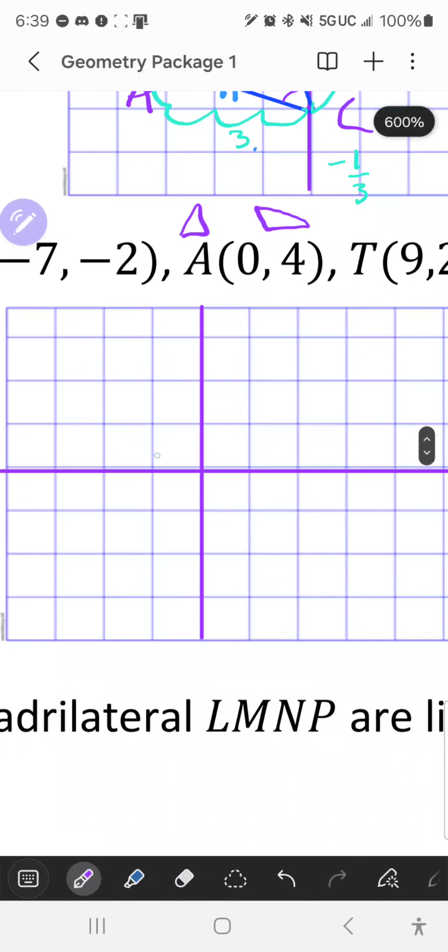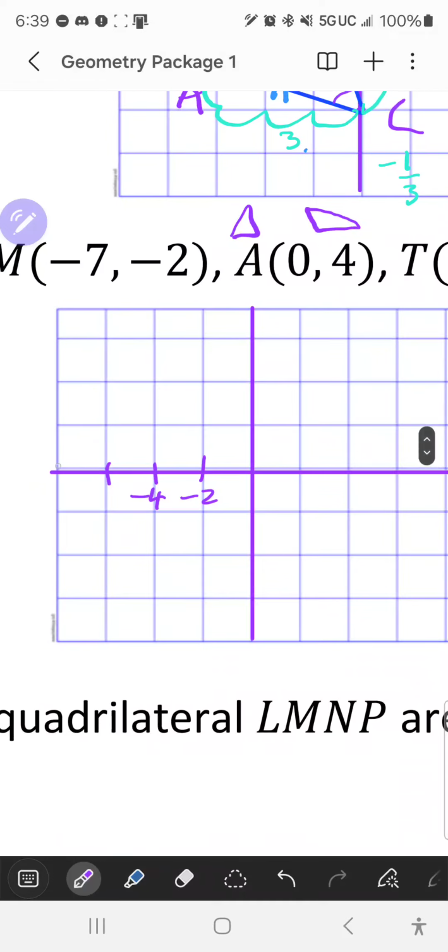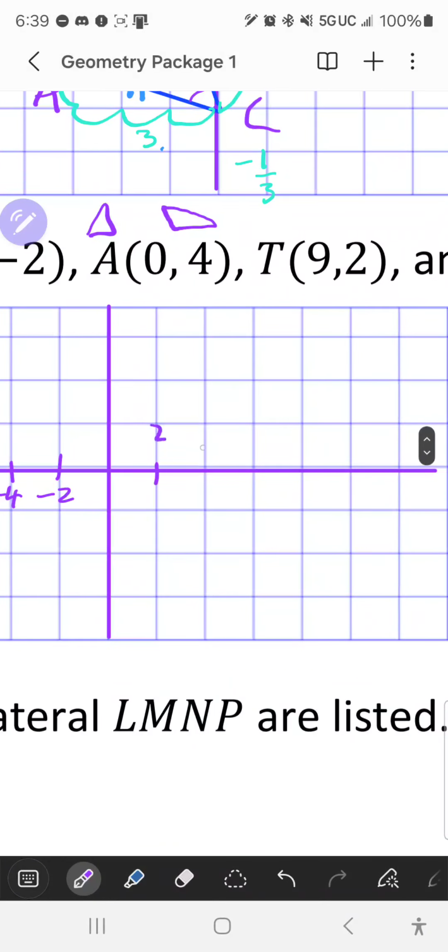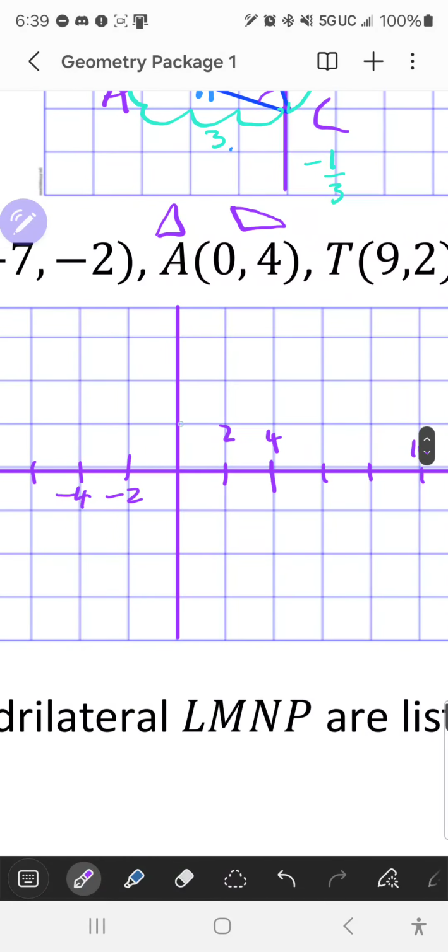So this will be negative 2, negative 4, negative 6, and negative 8, 2, 4, 6, 8, 10, 2, 4, 6, negative 2, negative 4, negative 6.